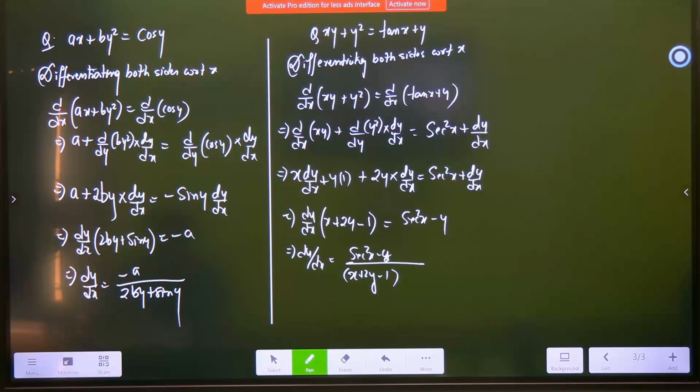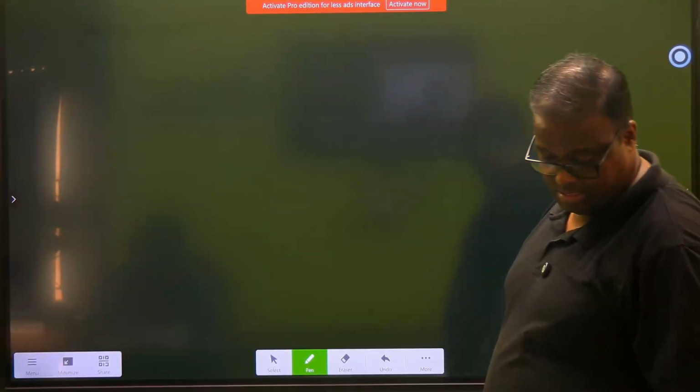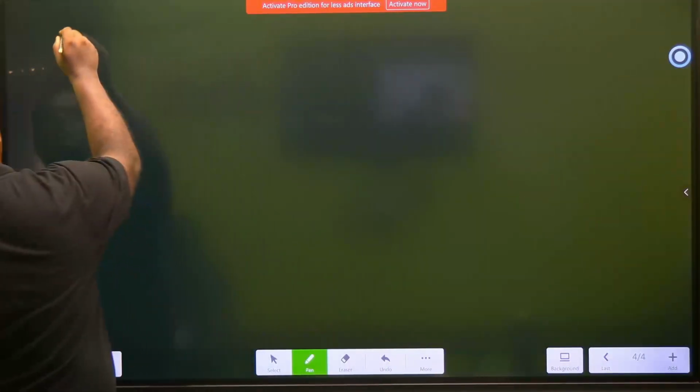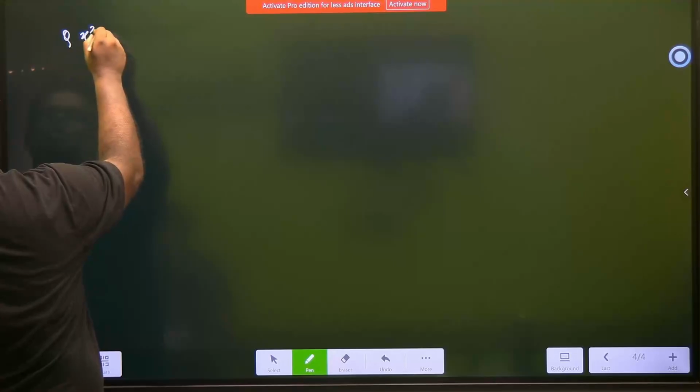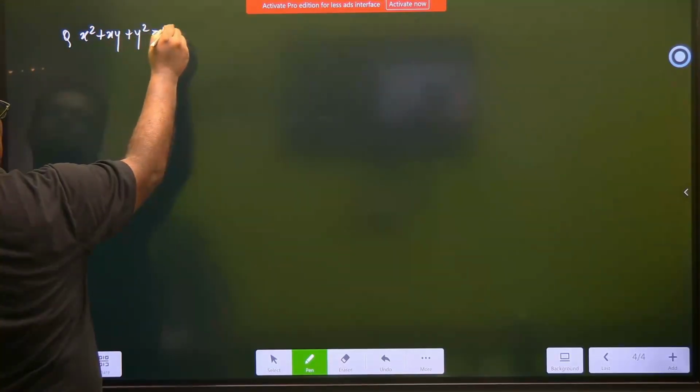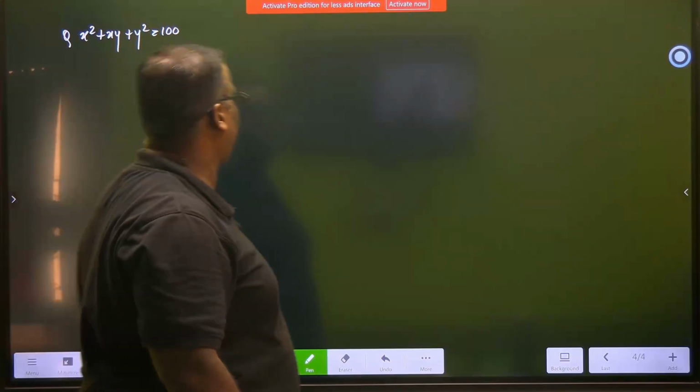Okay. Let's do one more. Our next problem is x square plus xy plus y square equals 100. Can you give a try? You try.